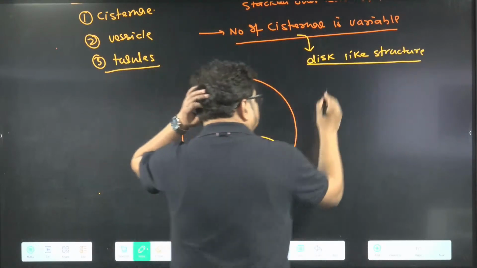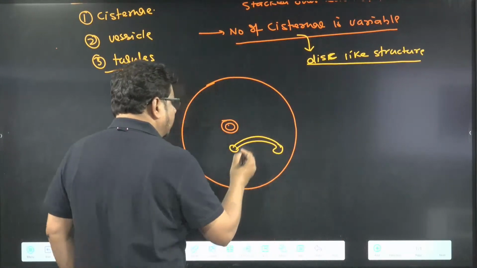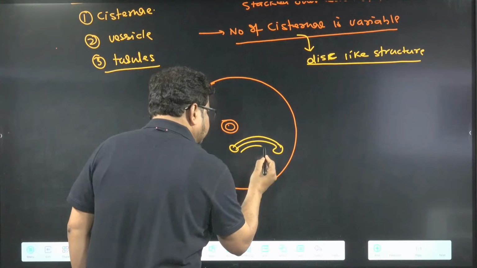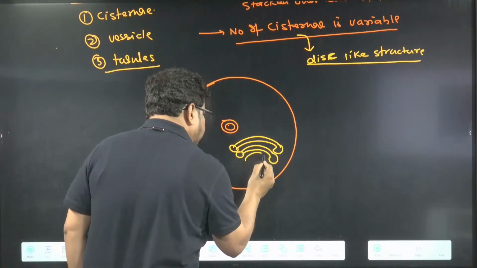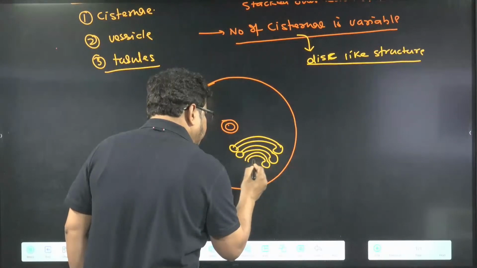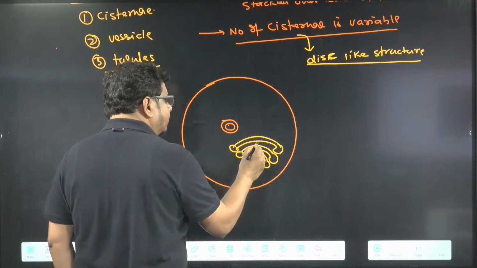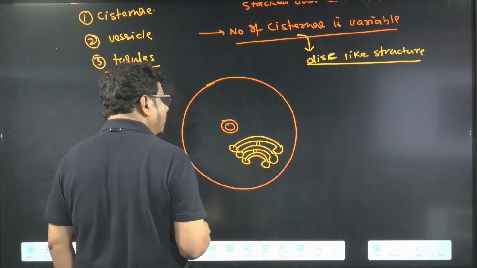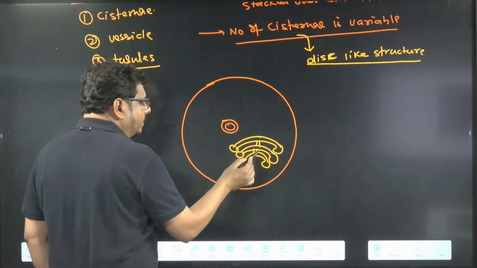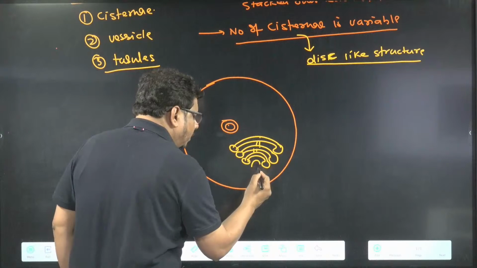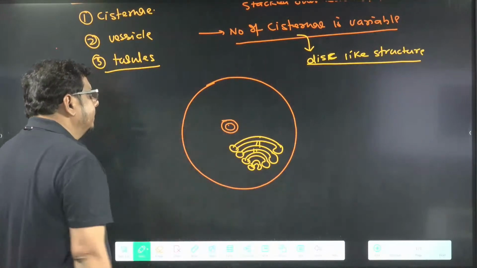And it is assembled like this, in a stack, one above the other. The number of cisternae is variable. These stack-like structures are interconnected also. One, second, third, and I'm just drawing one more. So this is a Golgi complex.